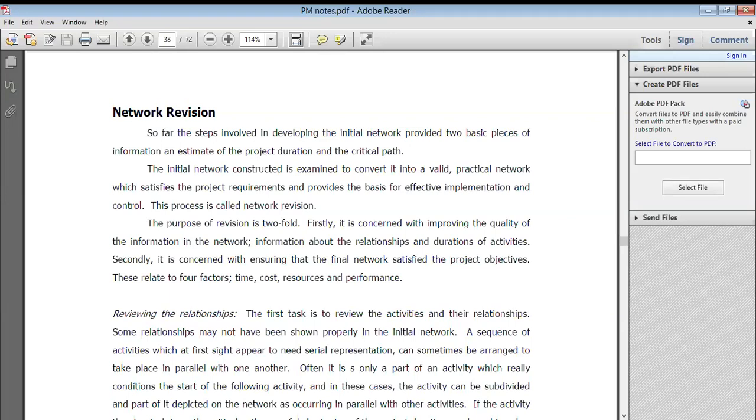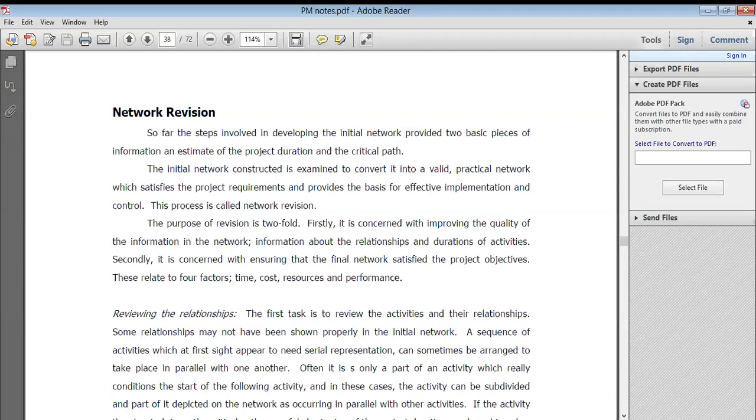The initial network constructed is examined to convert it into a valid practical network that satisfies the project requirements and provides the basis of effective implementation and control. That is most important. This process is called network revision: weekly basis, daily basis, same work, same critical path created for the accounts department, marketing department, machinery department, invoice department.